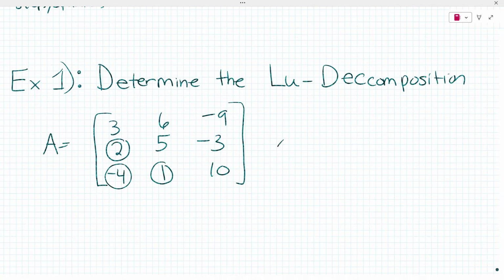You want to do REF so that the 2, -4, and 1 become 0, using row operations, or in our case, commands.